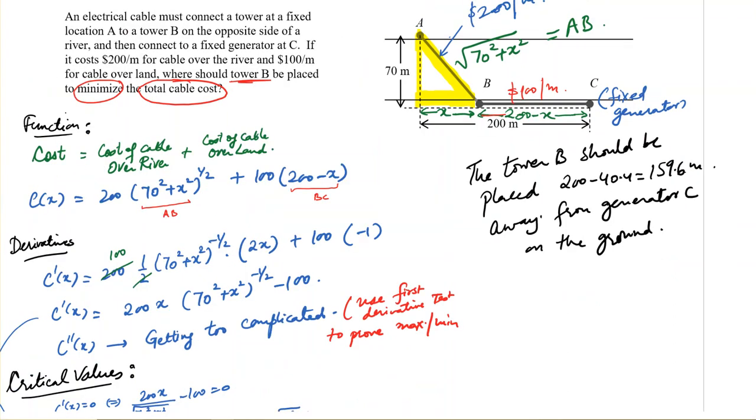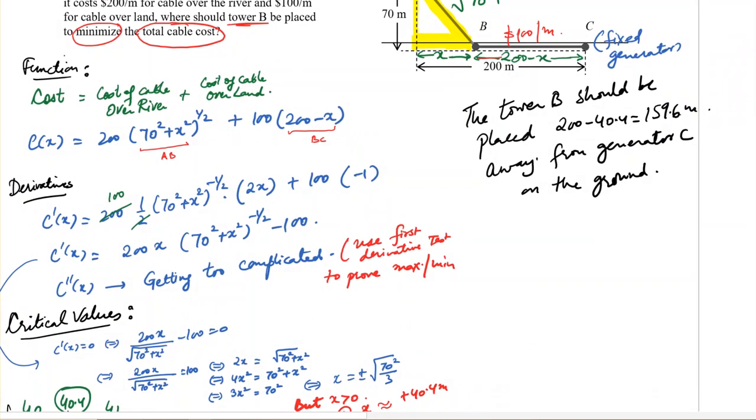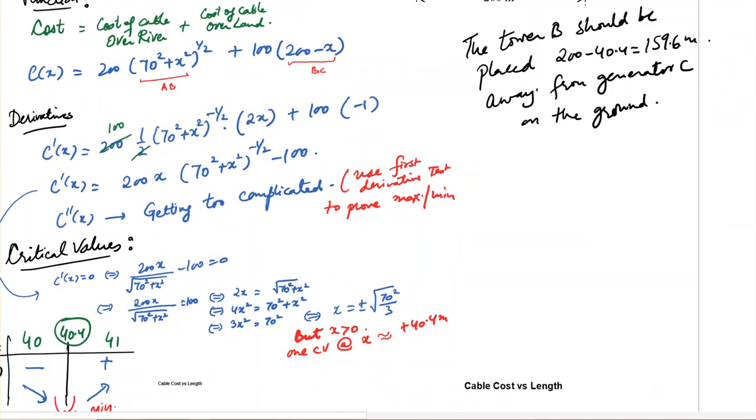For solving any maxima minima problem, the first thing is to identify what you want to maximize or minimize and write that function. If it is in more than one variable, try to reduce it into one variable and then take the derivatives with respect to the unknown and find the critical values.